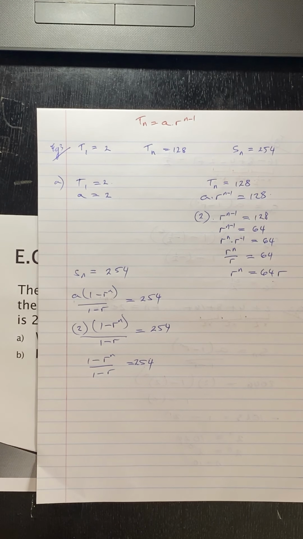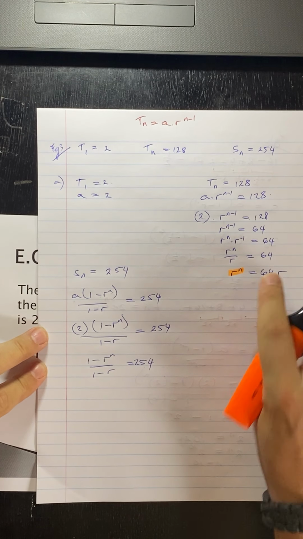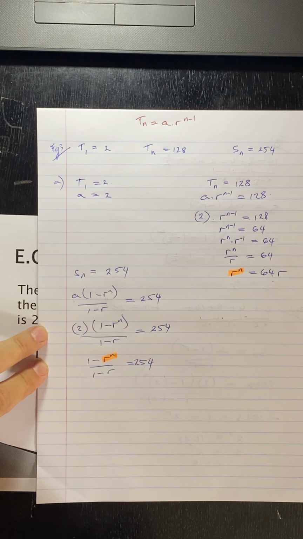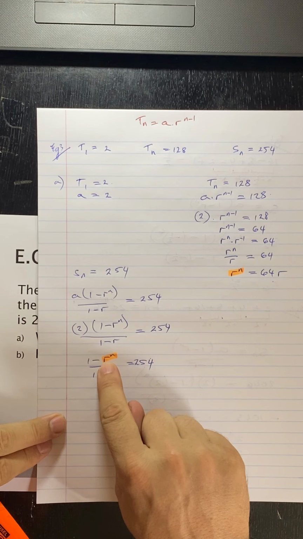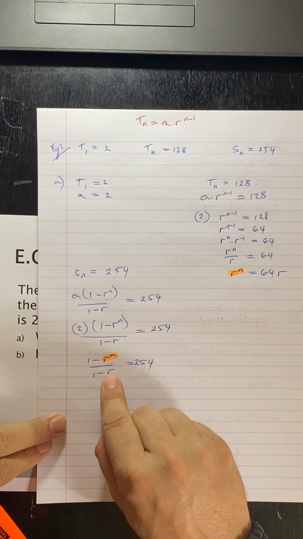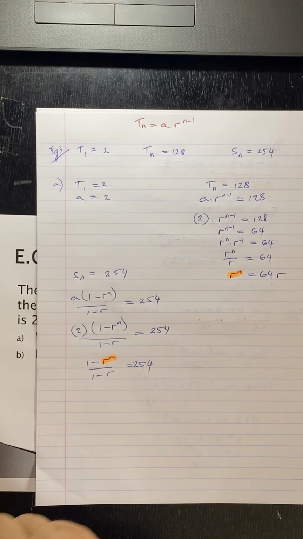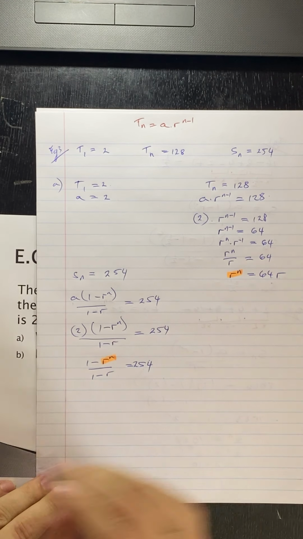And what I can see now is if I substitute this r^n for the r^n over there, I've got the whole thing in terms of r. I can replace that r^n with 64r, and at the bottom I have an r, so I can solve for what r is there.